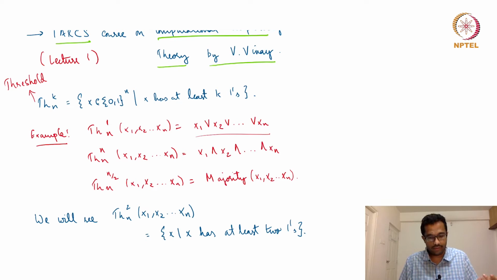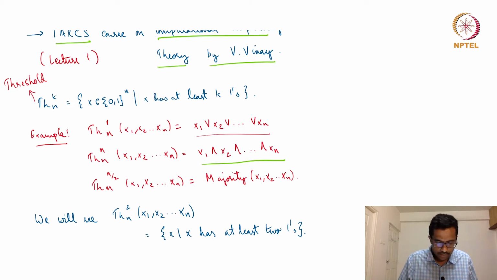So this will be in the language if at least one of them is a 1. Threshold n,n means that of the n bits, at least n of them have to be ones, which means all of them have to be ones, which means it is the AND function, right? All of them have to be ones.